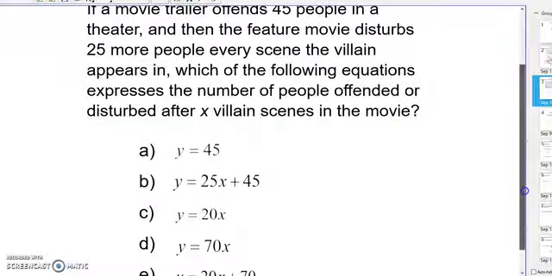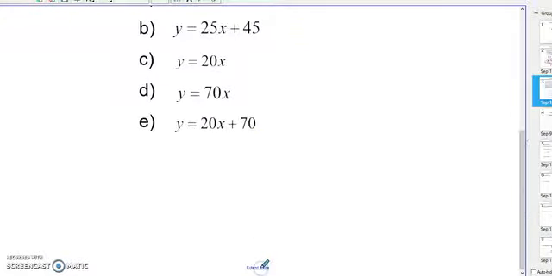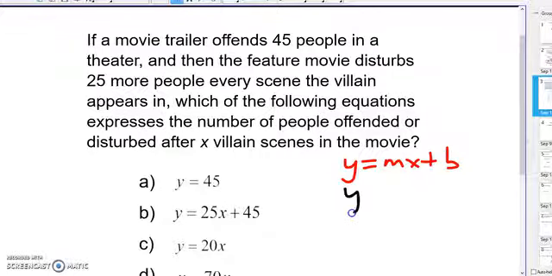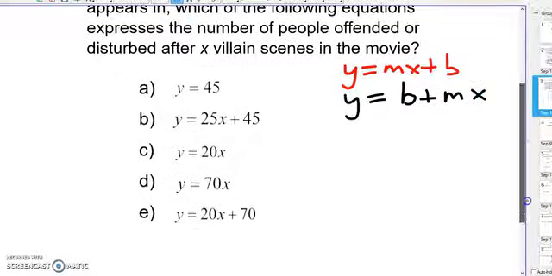So there are different kinds of situations. This situation happens to be a y equals mx plus b type of situation. And with these types of situations, you can rearrange this and think of it as y equals b plus mx, and the b can be thought of as your start.